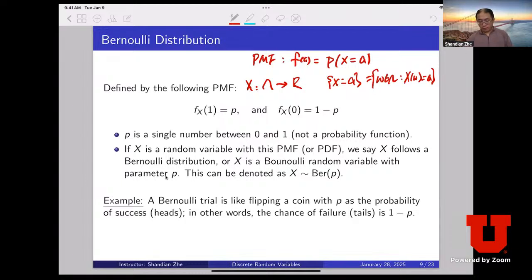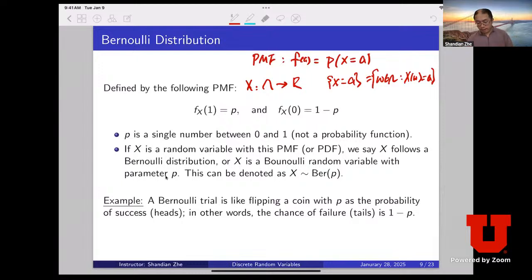Because this is an event, a random event, it has some probability. So we denote the probability of this event associated with a as the probability mass function value at a.